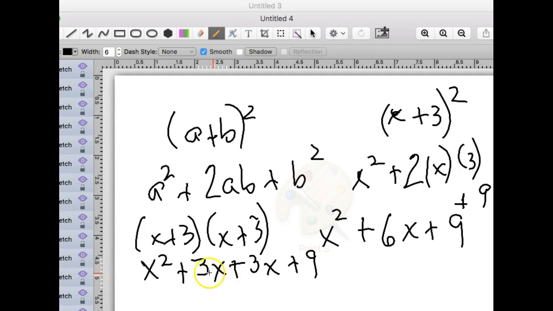X times 3 is 3x. 3 times x is 3x. 3 times 3 is 9. Combine the middle terms, which would be x squared plus 6x plus 9. Notice that if you remember the perfect square law, it saves you a step. Okay? All right, I'll do a part 2 of this video.